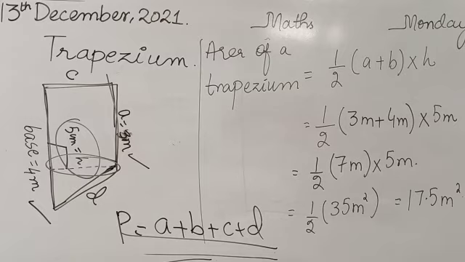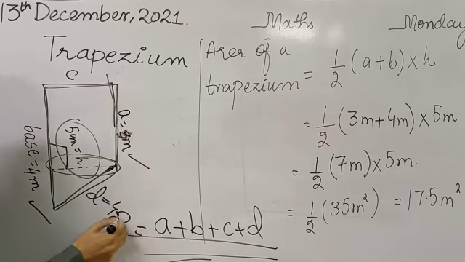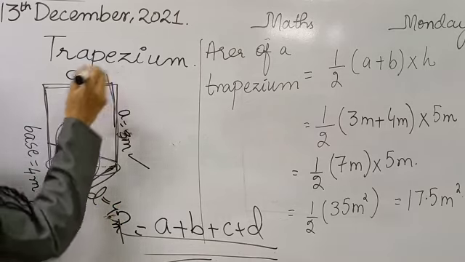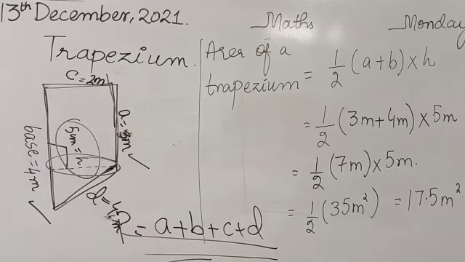Now, for example, in this case, if D is 4 meter, and C is 2 meter, what will be its perimeter? Simply you will write the formula: perimeter is equal to A plus B plus C plus D. These are the supposed values.